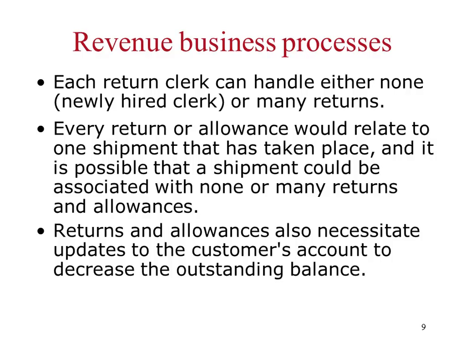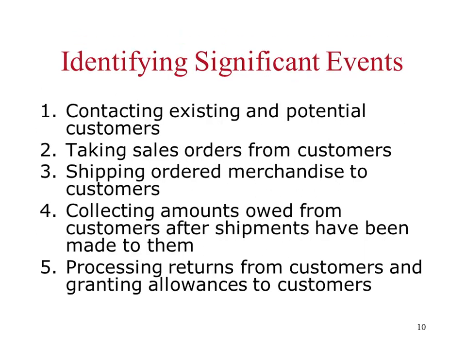And what else is there? Returns. Yeah, there may be returns and allowances, right? Plus, the first paragraph tells you that you will have a salesperson who contacts customers, so they have these kinds of relationships. So in total, you'll have five significant business events.